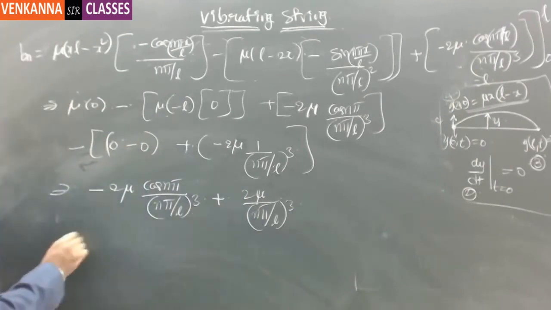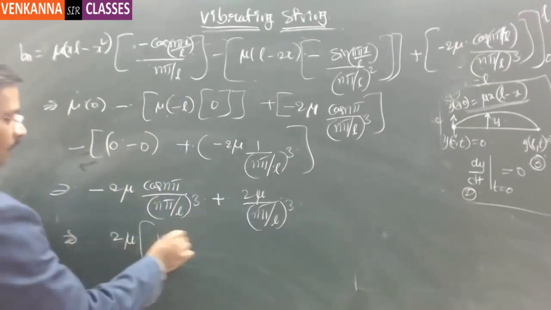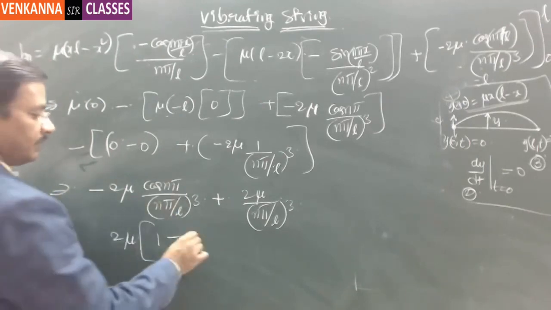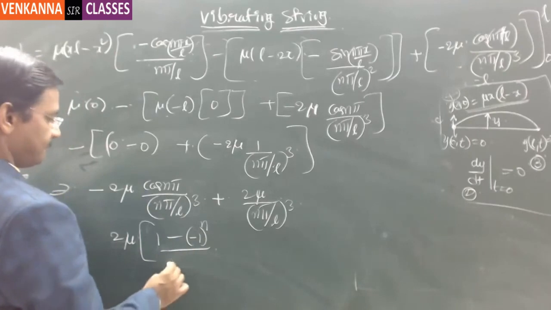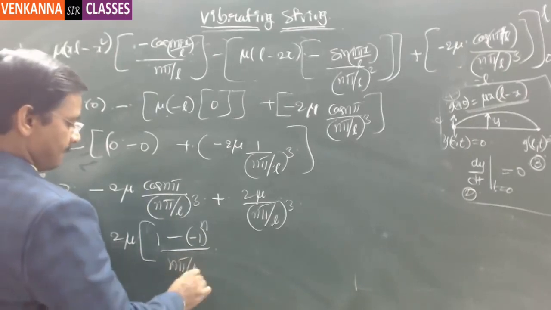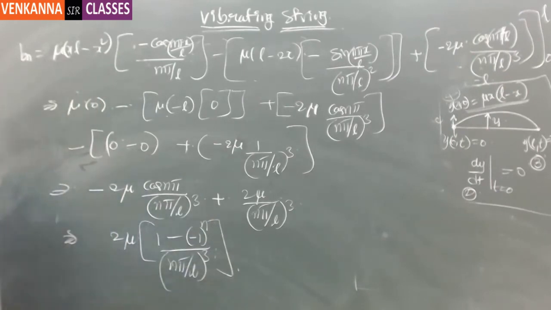So this is the Bn value. Then if you take 2 mu out, we get 1 minus (minus 1) whole power n, divided by (n pi by L) whole cube. Got it?